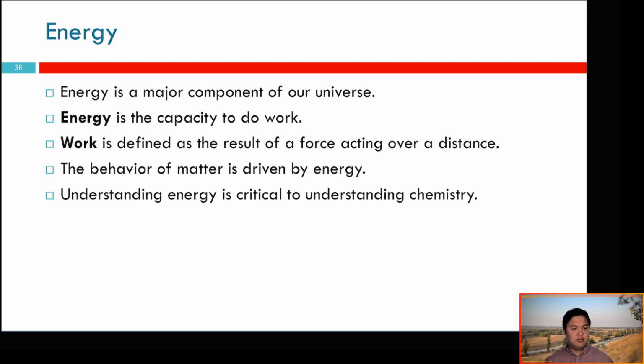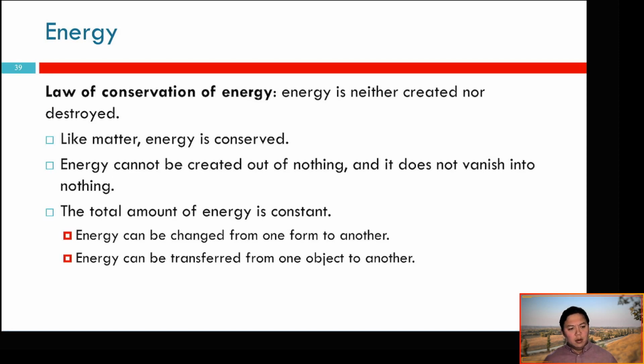And work is defined as the result of a force acting over a distance. And the behavior of matter is driven by energy. So understanding energy is critical to understanding chemistry, because if we understand energy, we understand the forces that are driving the chemistry. You may be familiar with the law of conservation of energy.